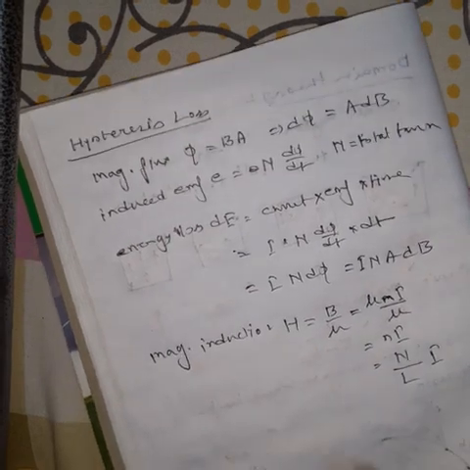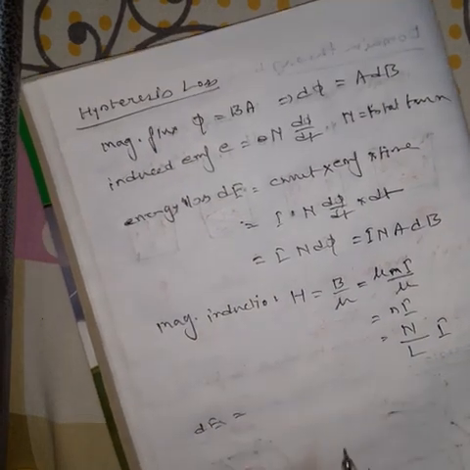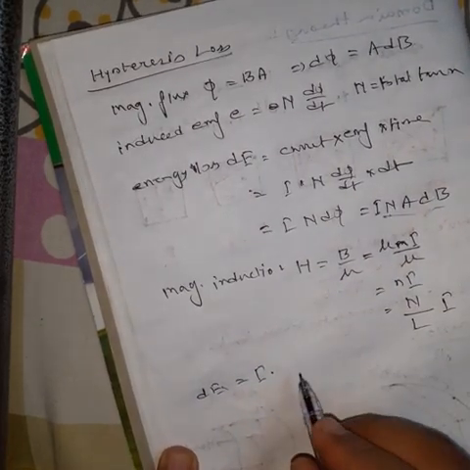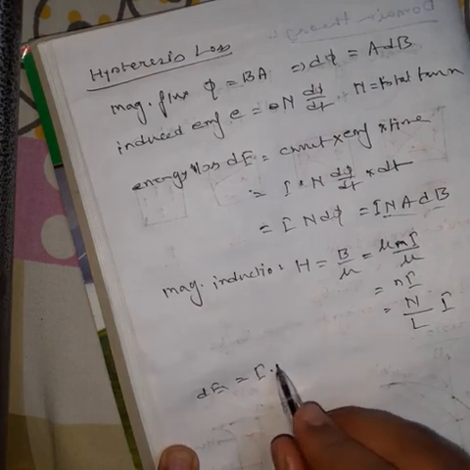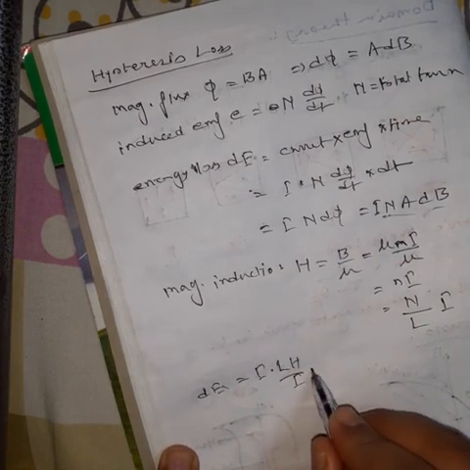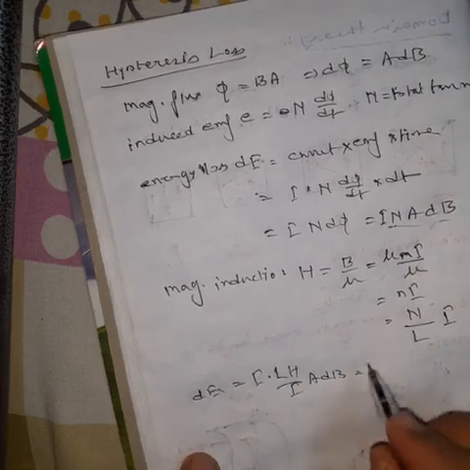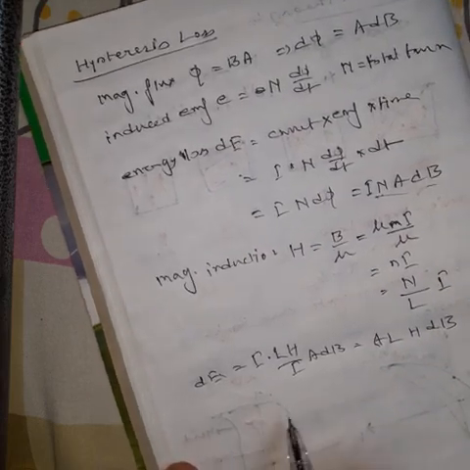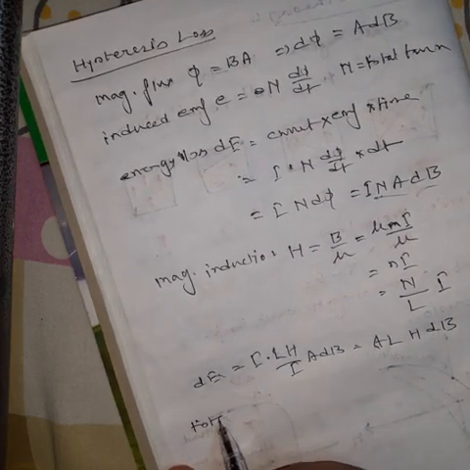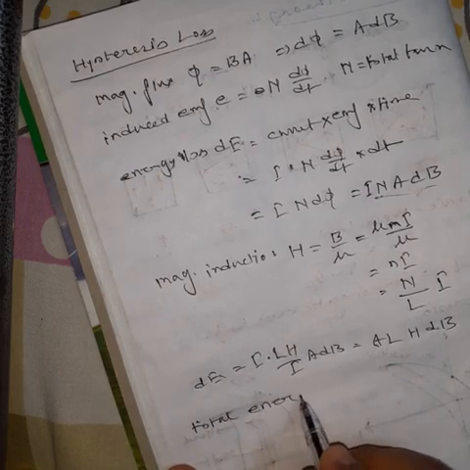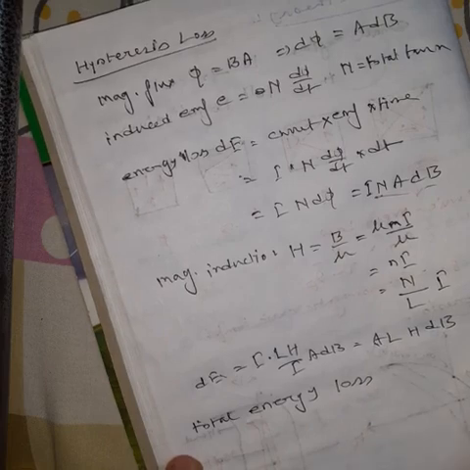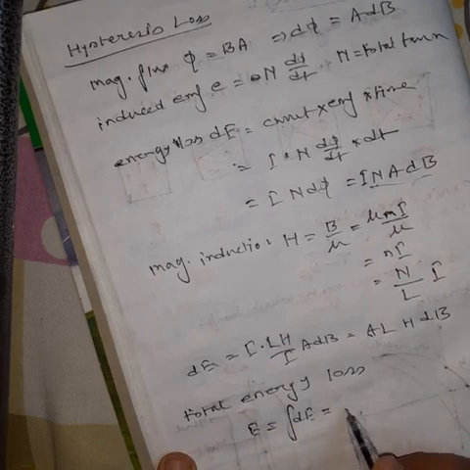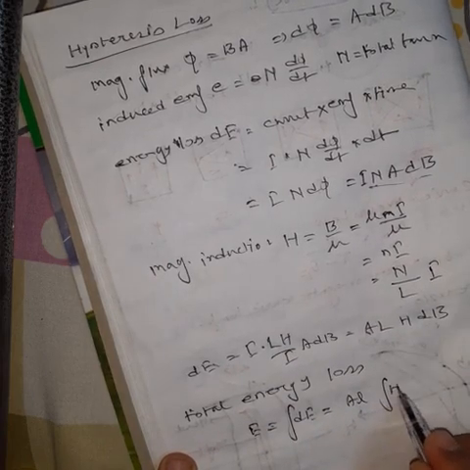Okay, so what we have is dE equal to I N A dB. So I into L H by I, into A dB, that is equal to A L H dB. So the total energy loss E, that is the integration of dE, is equal to A into L into the integral of H dB.